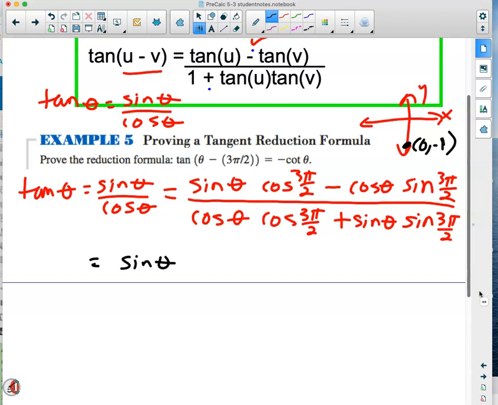In the numerator, we have the sine of theta times the cosine of 3 pi over 2. This is the cosine of 3 pi over 2. It's 0. Minus cosine of theta, and then we have the sine of 3 pi over 2, which is a negative 1.